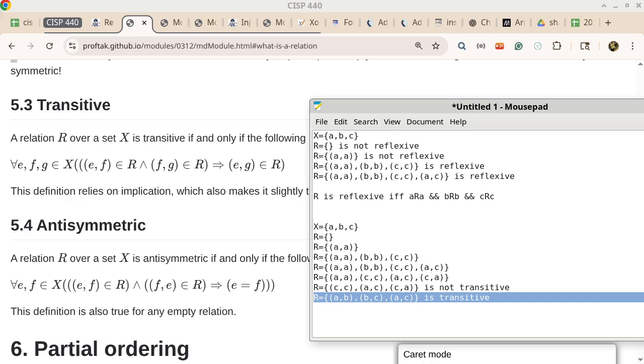Okay, so I think you meant to say it is not anti-symmetric. You cannot use a single case to prove that it is anti-symmetric, but you can use a single case to show me that it is not anti-symmetric.